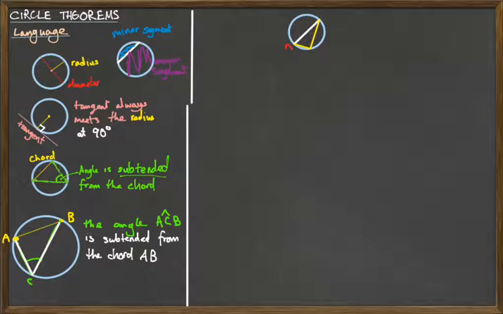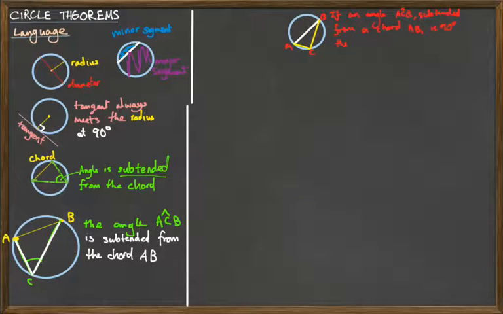So here we have the white line, which is the diameter, and that yellow angle is subtended from the diameter. So if an angle ACB, that yellow angle there, is subtended from a chord AB, sorry. So that angle is subtended from the chord AB. The yellow angle is subtended from the white chord.